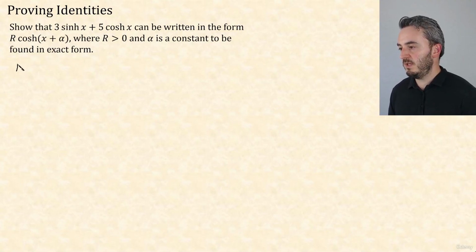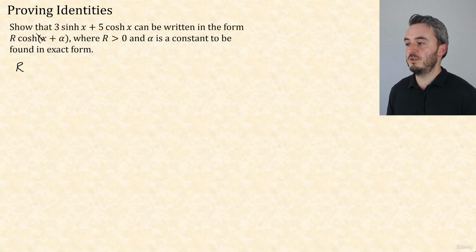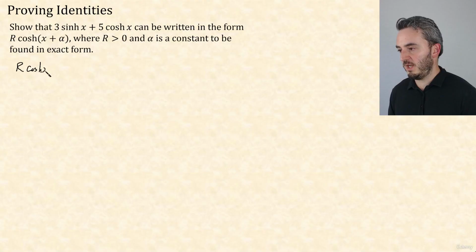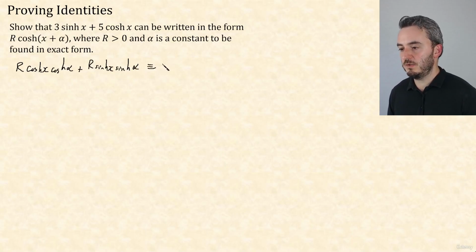So that's R times cosh x cosh alpha plus sinh x sinh alpha, so it's R cosh x cosh alpha plus R sinh x sinh alpha. We want this to be identical to 3 sinh x plus 5 cosh x.